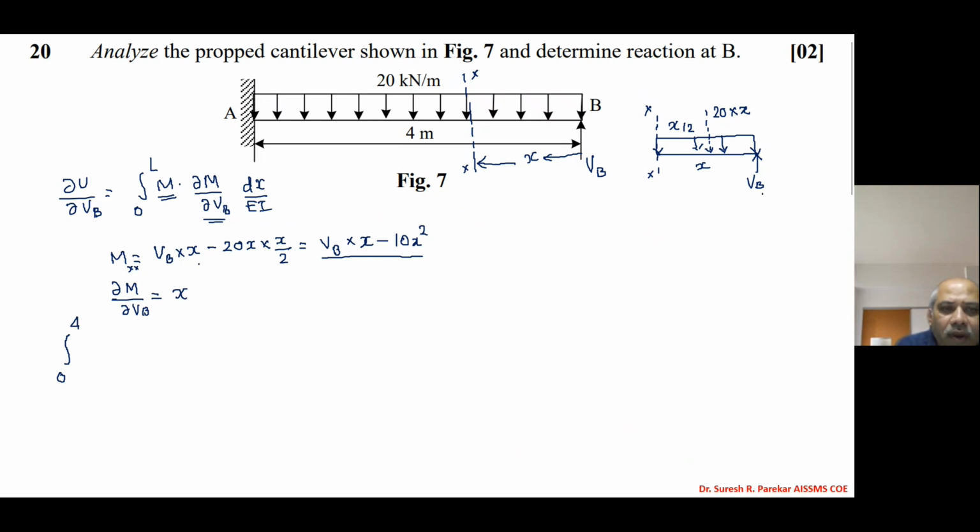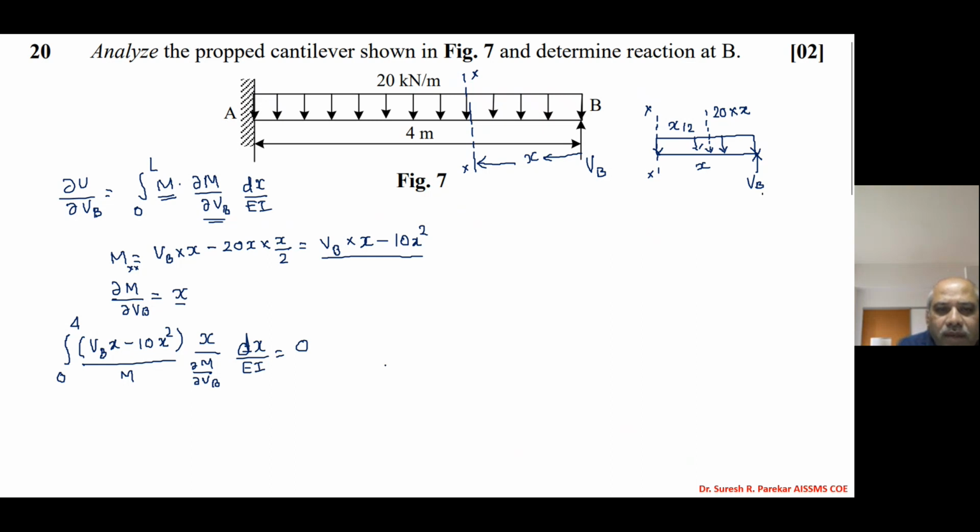Now M is VB into x minus 10x square, and ∂M/∂VB is x, into dx upon EI, and that is equal to 0.